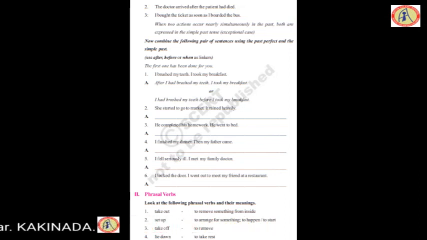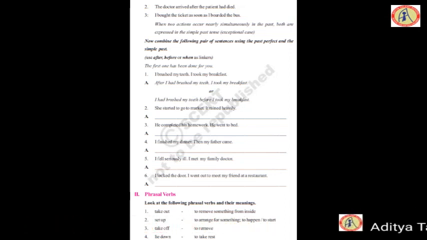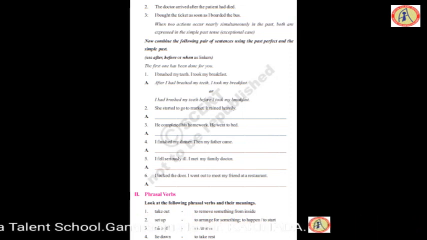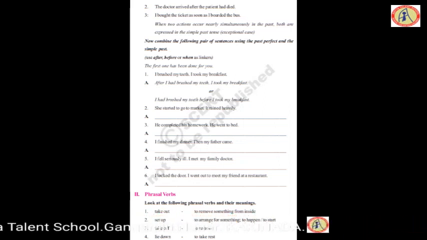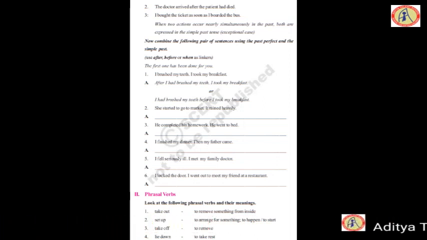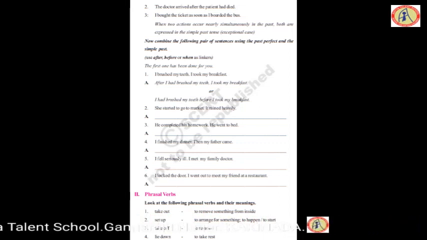When two actions occur simultaneously, then you can make the statement in simple past, or the option to you is past perfect. For example, I bought the ticket as soon as I boarded the bus. What is the linker used in this sentence? As soon as. See, he did not change the sentences into simple past and past perfect.